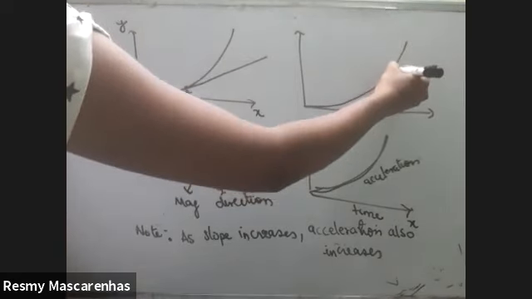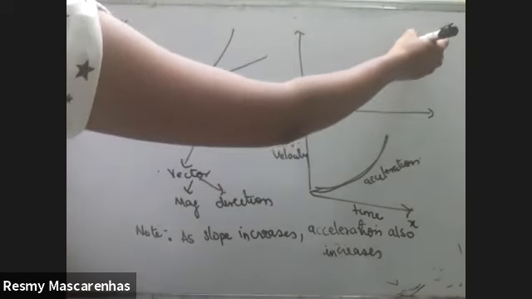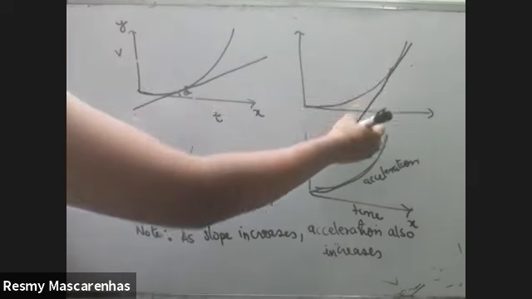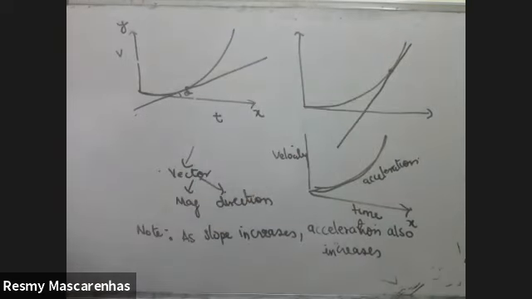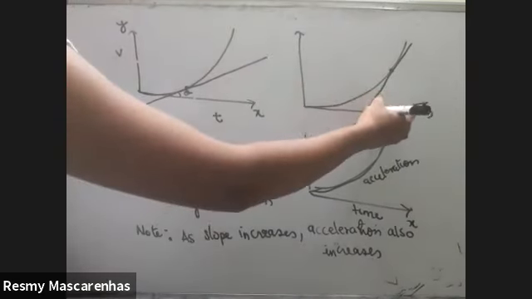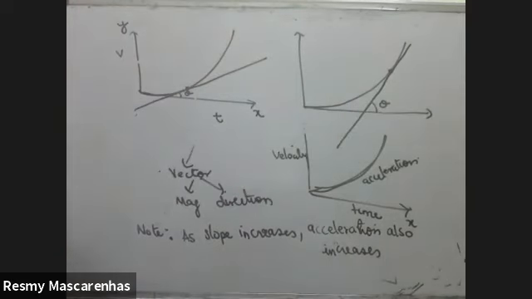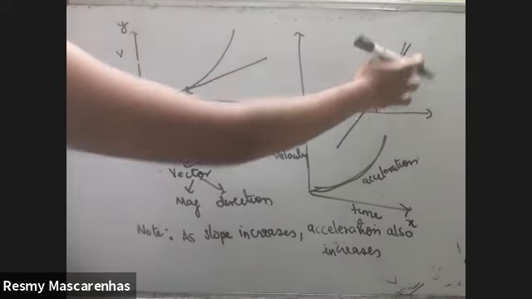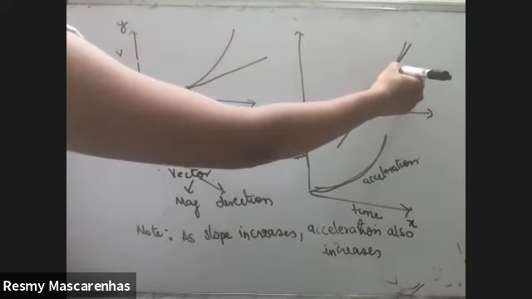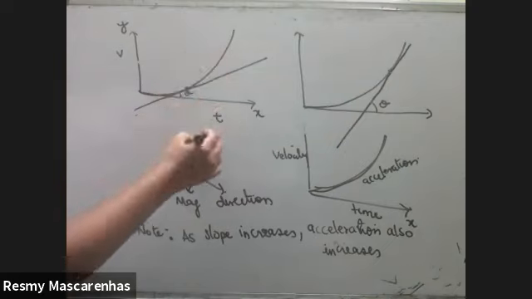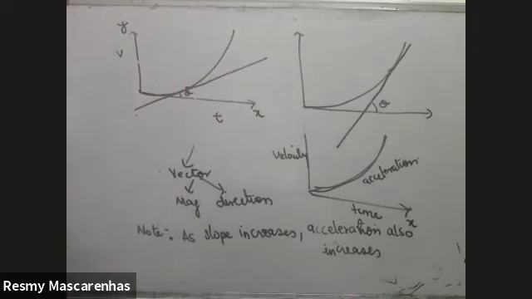I want to check here. Now I'll draw a tangent at that point. So definitely you saw that your angle has increased. This angle has increased, which means definitely your acceleration also increased. So as the slope increases, the acceleration also increases.